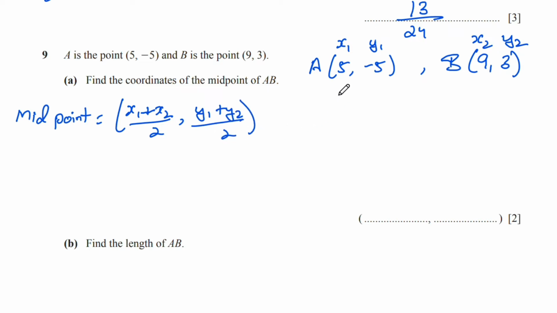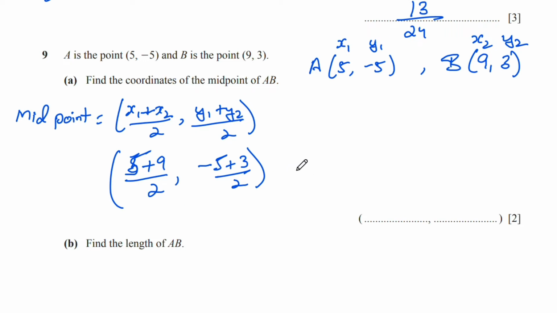So applying this formula, midpoint will be 5 plus 9 by 2, minus 5 plus 3 by 2. So 5 plus 9 is 14 by 2, which is 7, and minus 2 by 2 is minus 1. So the coordinates of midpoint is 7, minus 1.